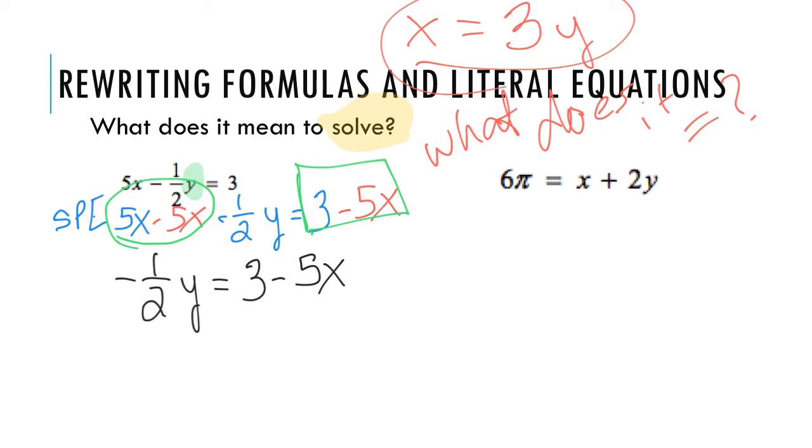Next, I need to get rid of this negative 1/2. How do I get rid of having negative 1/2? Well, I want it to be positive, so that means whatever I'm going to multiply or divide by must be a negative also. I'm just going to multiply by negative 2.